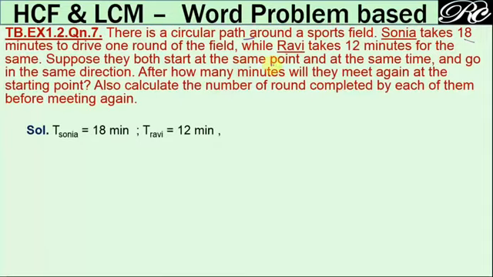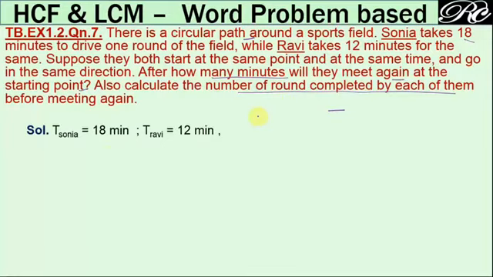Suppose they both start at the same point and at the same time and go in the same direction. After how many minutes will they meet again at the starting point? Also calculate the number of rounds completed. So we also have to calculate the number of rounds completed by each of them.